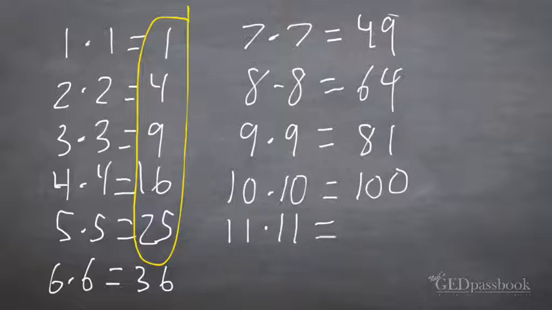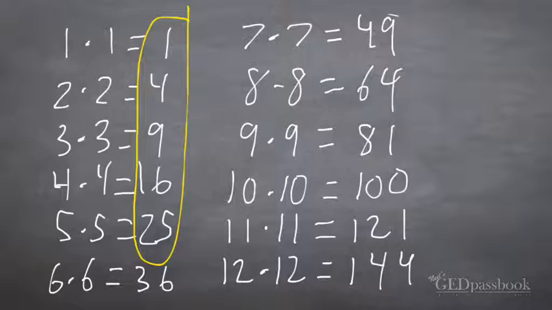11 times 11? 12 times 12. Now, 13 times 13. I've just memorized it up to like 10. 13 times 13, what's that? I gotta get this out. I should memorize this. 169. Okay, whatever. You guys get the idea.